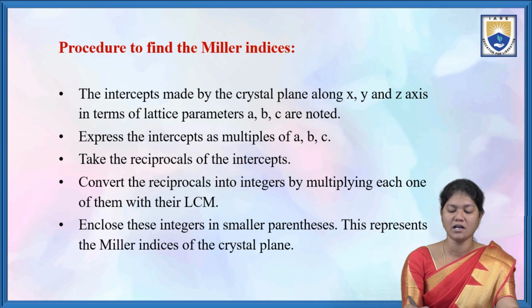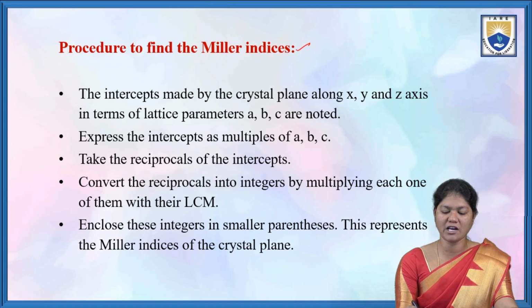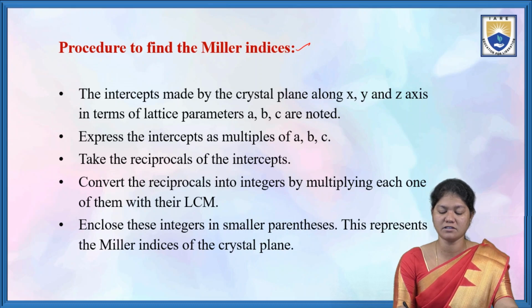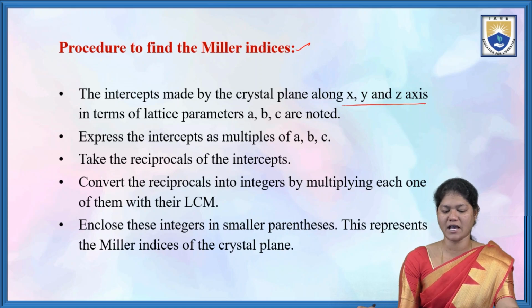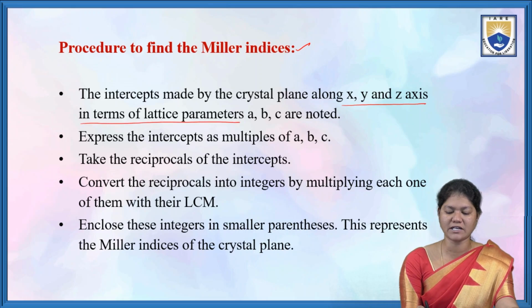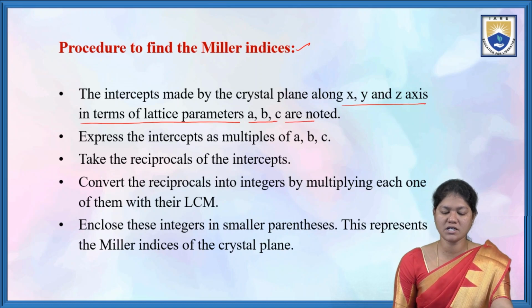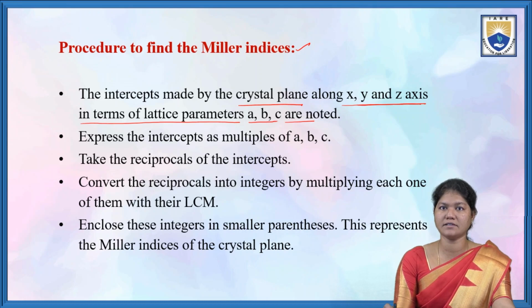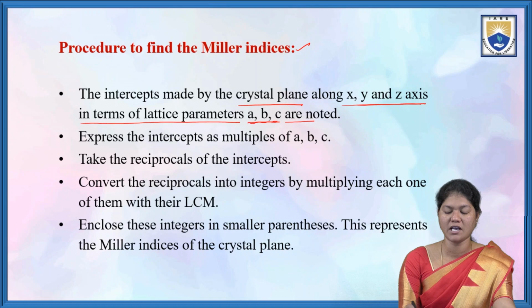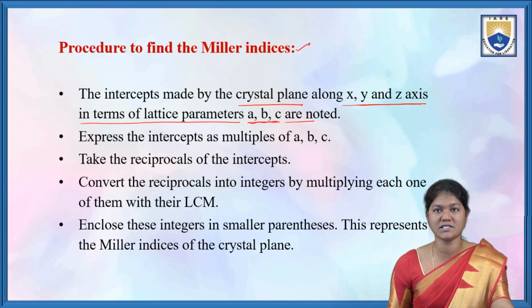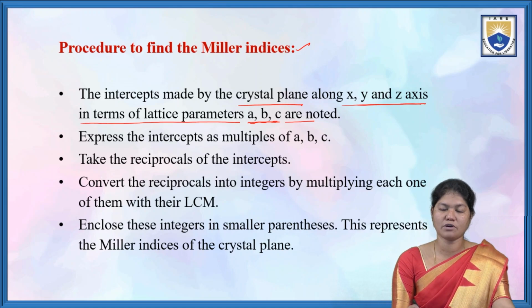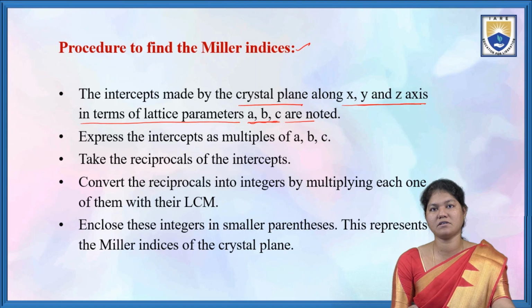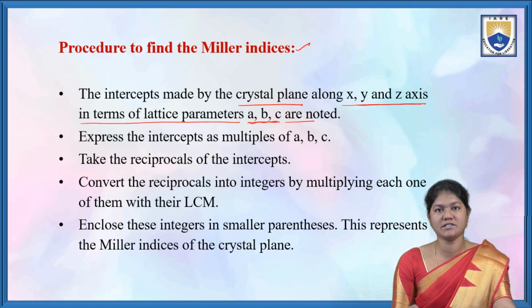The procedure to find the Miller indices. First, the intercepts made by the crystal plane along the x, y, z axes have to be written in terms of the lattice parameters a, b and c. As we discussed in previous sessions, the lattice parameters a, b, c are the dimensions and interfacial angles, both called lattice parameters.